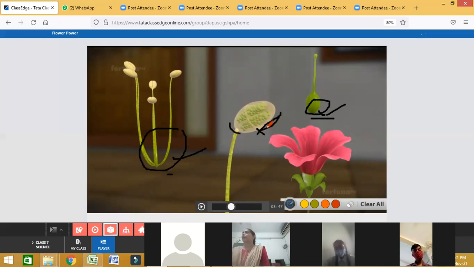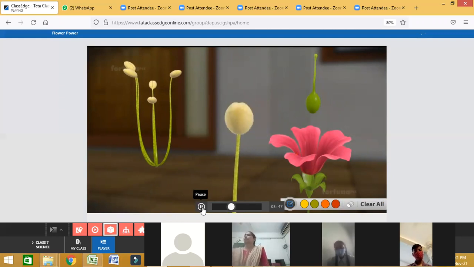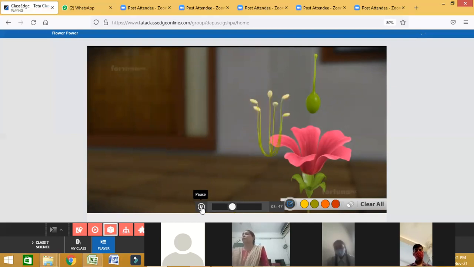So in this anther, the pollen grains are there. As they mature, they will split open and release pollen grains into the air. And this is the splitting of the anther after the maturation.